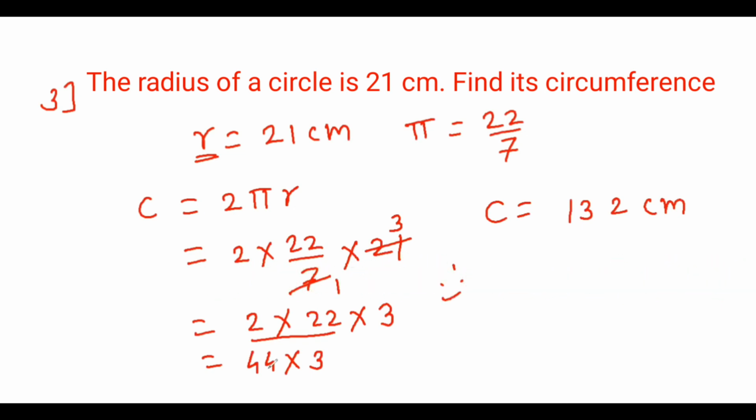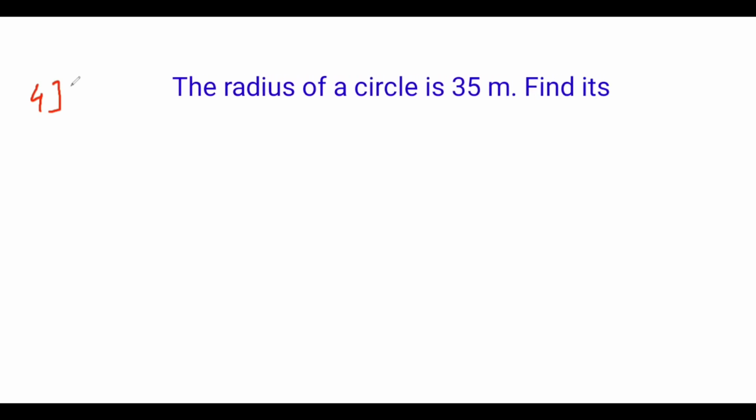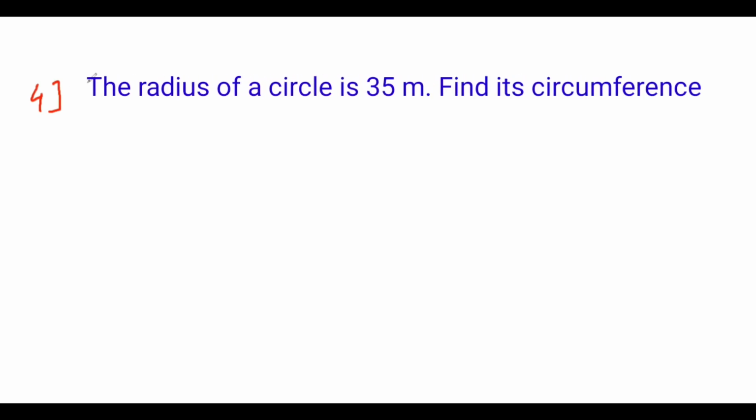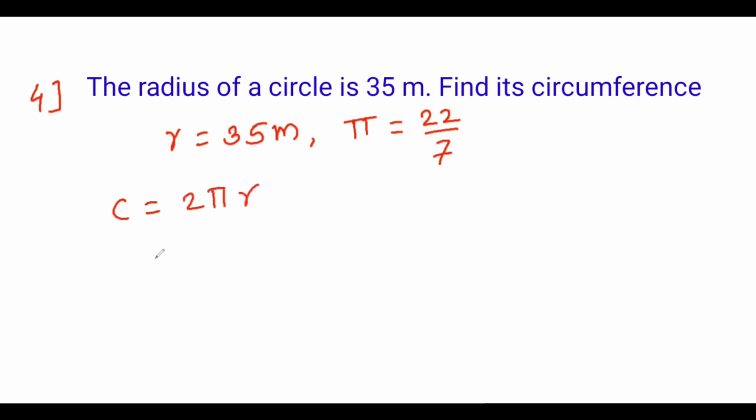Similarly, we also solve the last problem. It is also related to radius. The radius is given here as 35 centimeter and it asks what the circumference is. Given is radius 35 centimeter and pi is 22 upon 7. We have the formula of circumference, C is equal to 2 pi r.